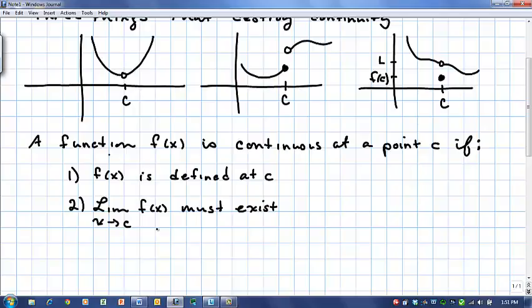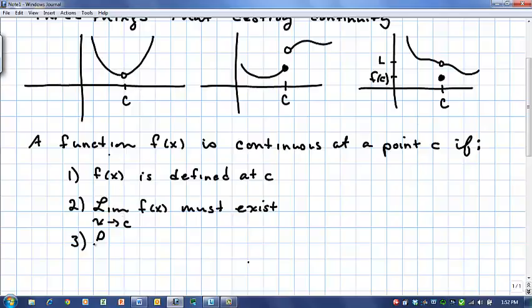But what's wrong? The problem with this one is that the value of the function does not equal the limit of the function. So furthermore, in order to make a function continuous, we need not only to be defined at c and the limit to exist at c, but these two things must equal each other.